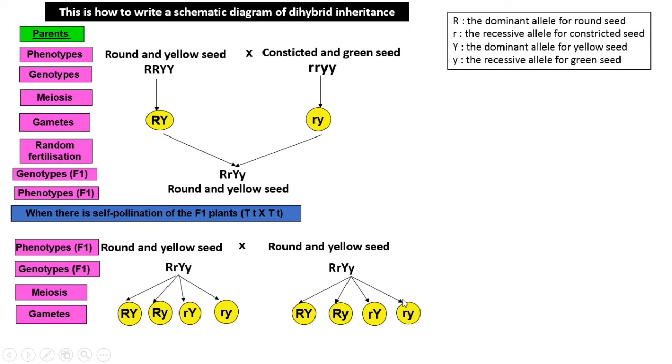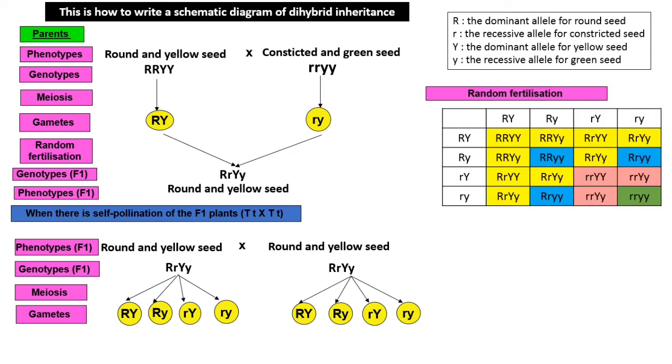So for random fertilization to produce F2, we can use a Punnett square. Okay, we put the gamete here. This is the gamete, and this is the gamete combination. So the combination we produce is the genotype.